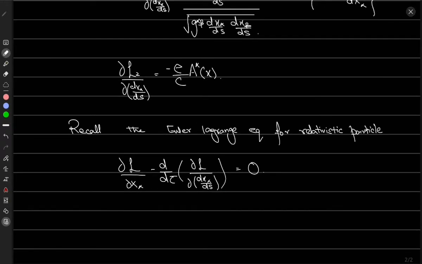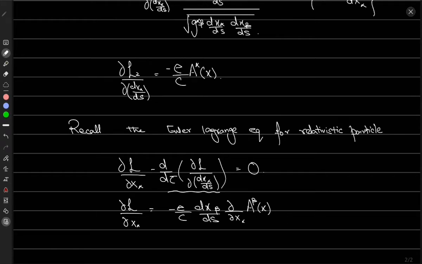So now let's put in some values for these terms. So for this partial L over partial x alpha, let's write that down as it is. Let's take all the rest of it to the right hand side. We worked out this term, right? And this term is basically minus e over c, as you can see, dx beta over ds, and then we have this partial over partial x alpha of A. Let's give this a subscript beta now, and this would be x.